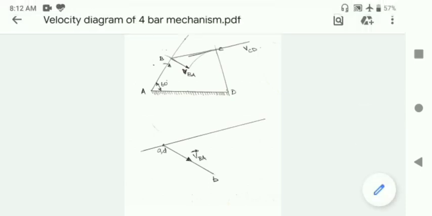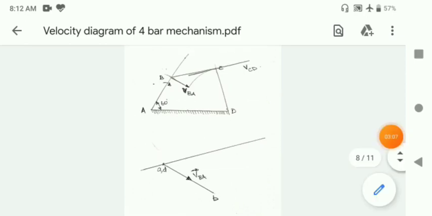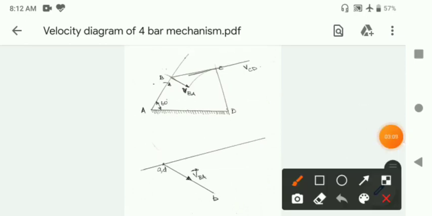So first I have drawn a line perpendicular to link CD, and from AD in the velocity diagram I have drawn a line parallel to this line.